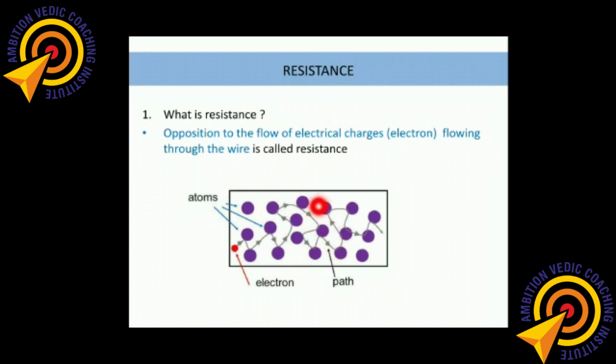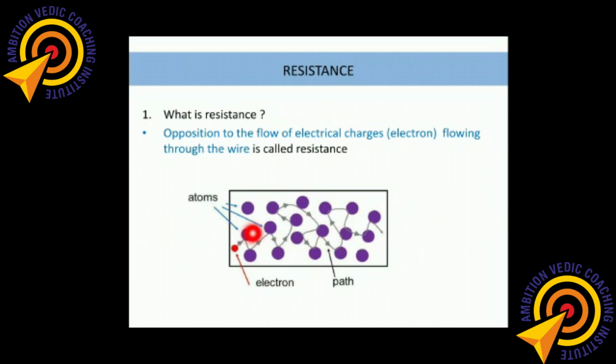Now these atoms actually don't move, right? Instead, the electrons which are present in the outermost shell, or valence shell, start moving. So let's say an electron is running at a very high speed, coming from one end of the cell, and it has to reach the other end.